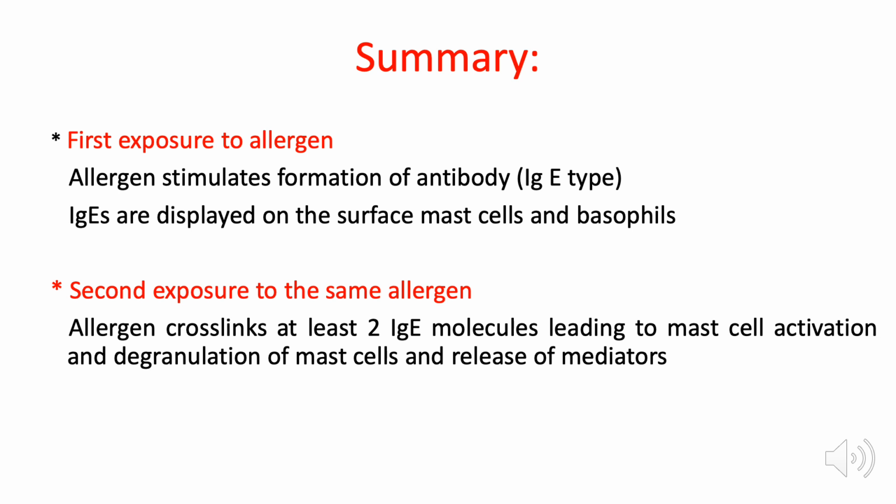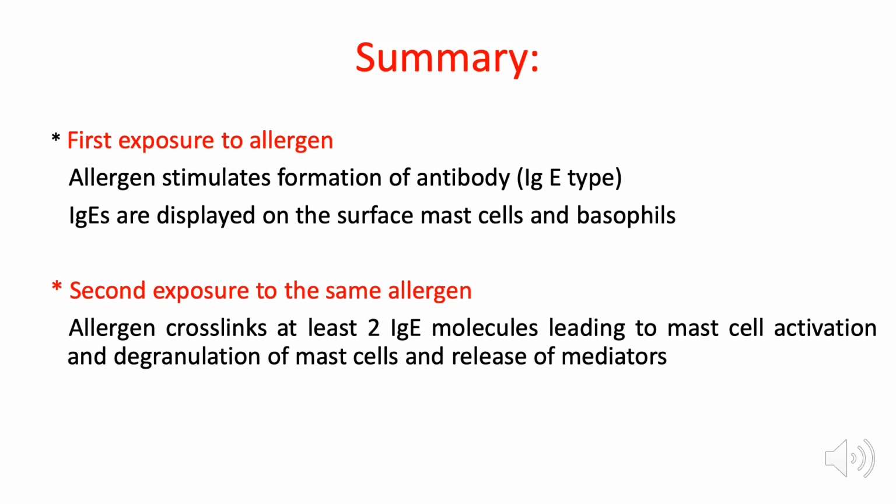And histamine will cause the different physiologic effects or clinical manifestations. I hope you will memorize these discussions by heart, because once we go to the hypersensitivity reaction, this concept will be discussed again.